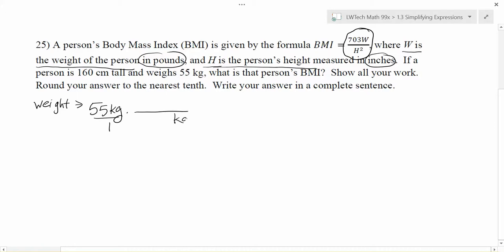We want to get rid of kilograms and change it to pounds. At this point, you'd look this up on a conversion table if you don't know it. We'll use that 1 kilogram is equal to 2.205 pounds, which you can find on the conversion tables in the book. The kilograms cancel, leaving pounds, and I need to multiply 55 times 2.205.